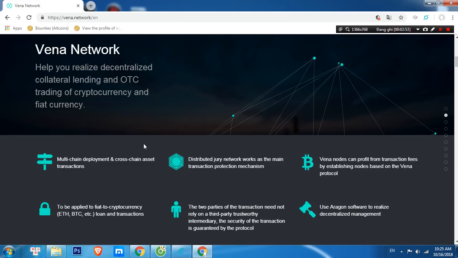In the Vena ecosystem, a closed-loop calculation for tokenized assets is essential to P2P lending or transactions released through blockchain.